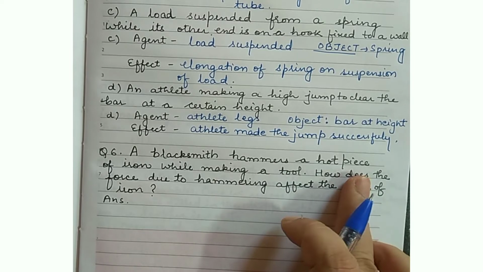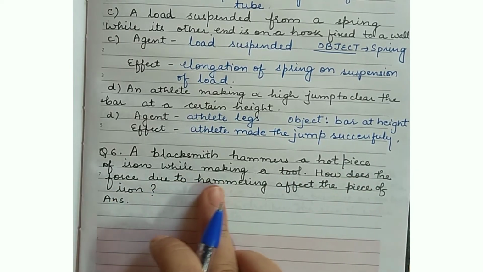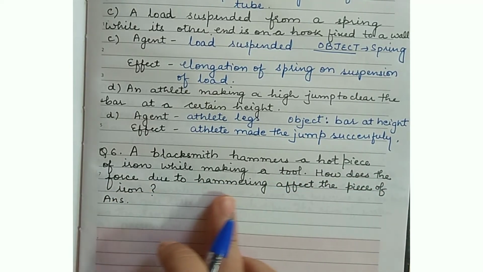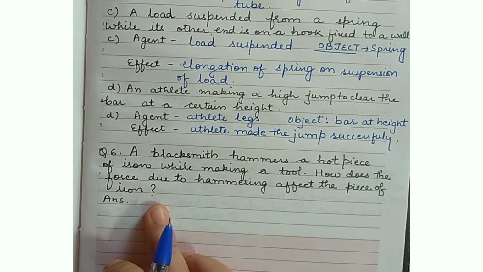Next, a blacksmith hammers a hot piece of iron while making a tool. How does the force due to hammering affect the piece of iron?